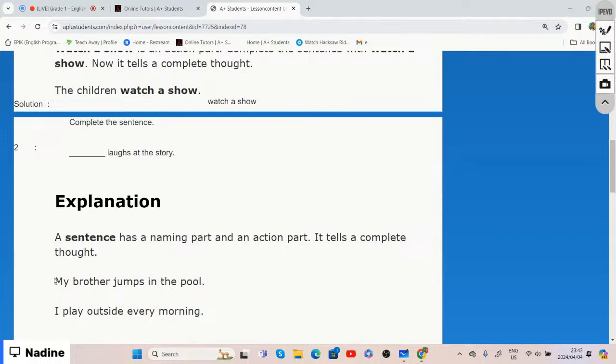So once again, we say a sentence has a naming part and an action part.